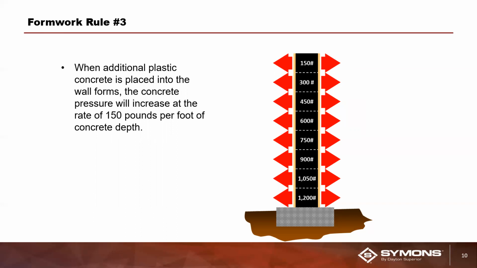But on the bottom of that form, you're actually going to be placing 1,200 pounds per square foot. Depending on the load rating of that form, you more than likely overloaded it and will have issues with it.